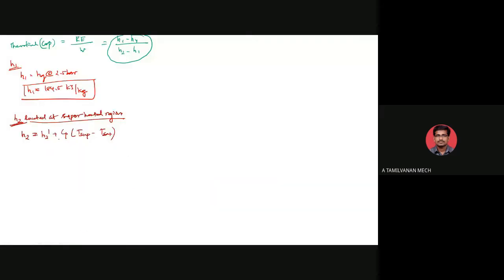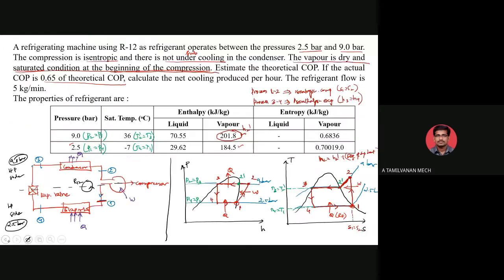So H2 is equal to H2 dash plus Cp into T superheated minus T saturated, which is the degree of superheat. This formula can be expanded as H2 dash plus Cp into T2 minus T2 dash, for the refrigerant given in the problem.